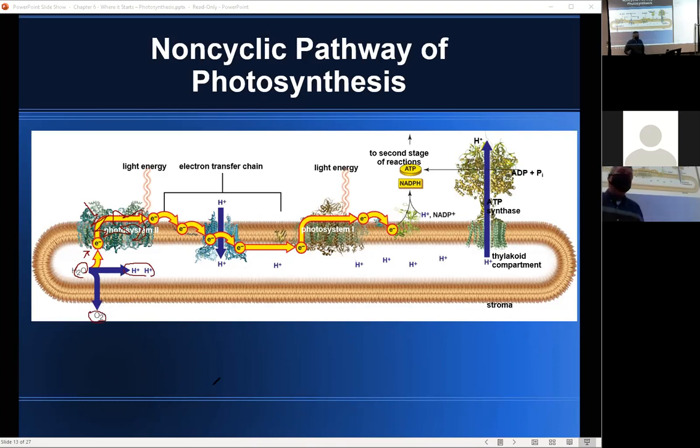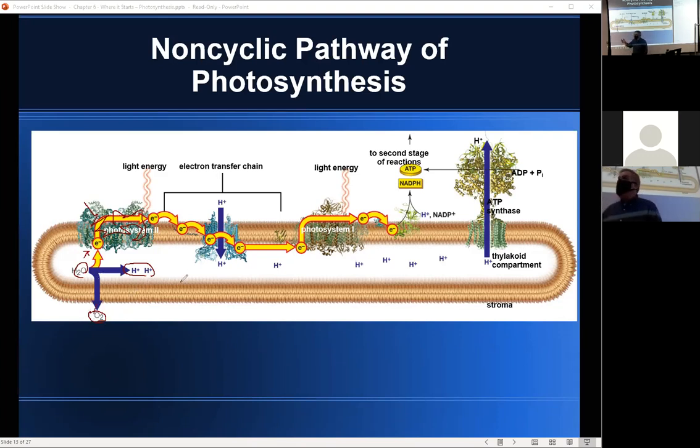Okay, so remember, the thylakoid membrane is a phospholipid bilayer, right? Only small, nonpolar, uncharged molecules like oxygen, O2, can freely cross a phospholipid bilayer. So the 1/2 of an O2 that we get from splitting this can join with another 1/2 of an O2, make an O2, that can diffuse out.